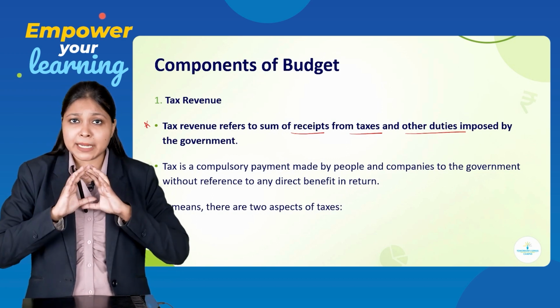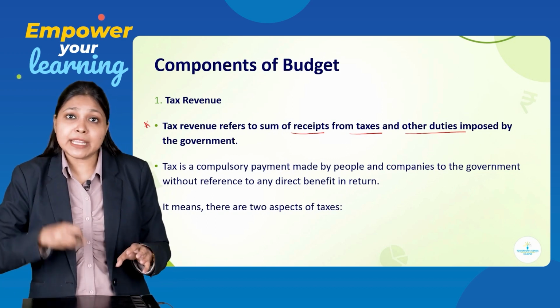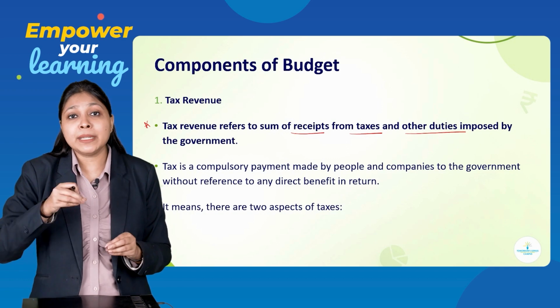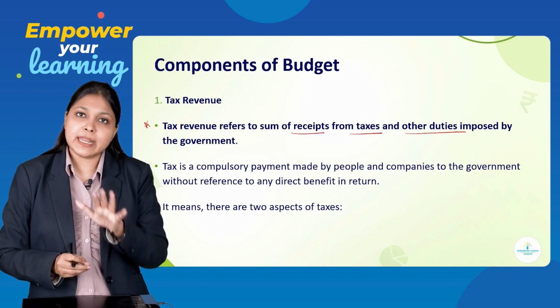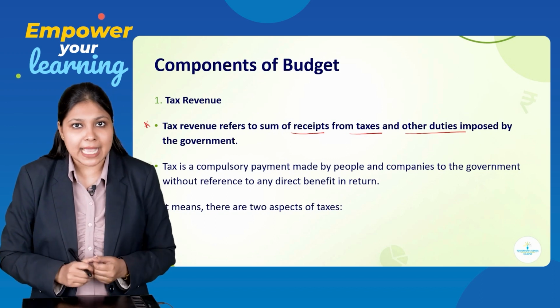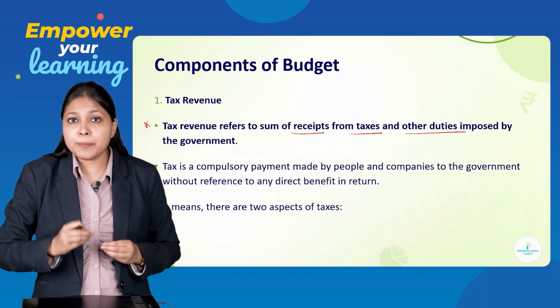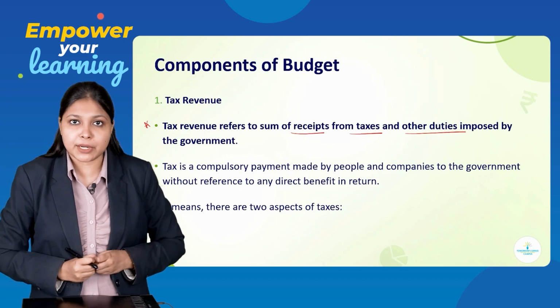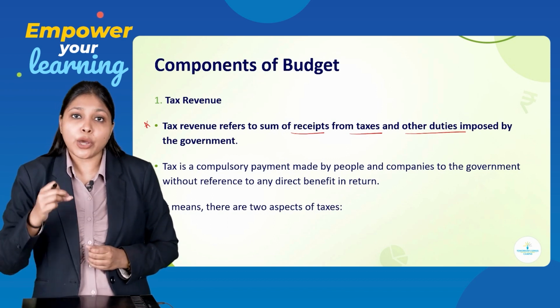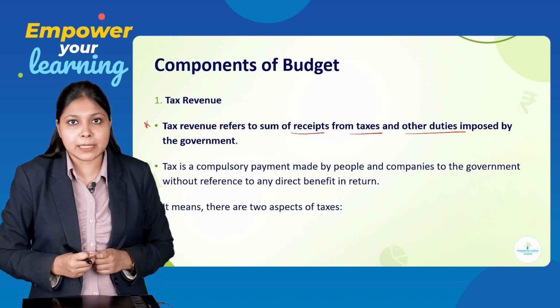It is going to be paid by everyone. And when you pay taxes, the government is not going to give any returns to you personally. For example, if I am paying taxes to the government, the government will not say, okay, specifically for you, I am going to construct a bridge that only you can use, or only you can take benefit of a public park.